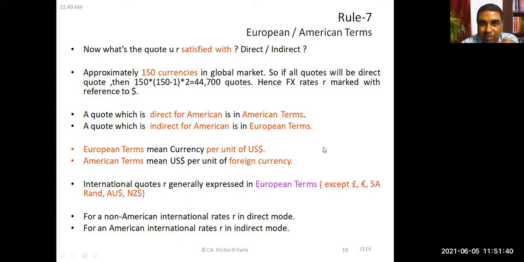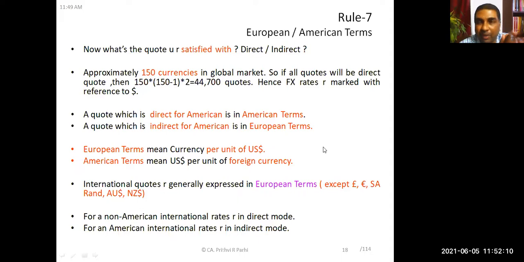So people feel more convenient with European terms, and international quotes are normally in European terms. But for some specific currencies like pound, euro, South African rand, Australian dollar and New Zealand dollar, American quotes are accepted. Otherwise, for most currencies, European quotes are floated in the international market.